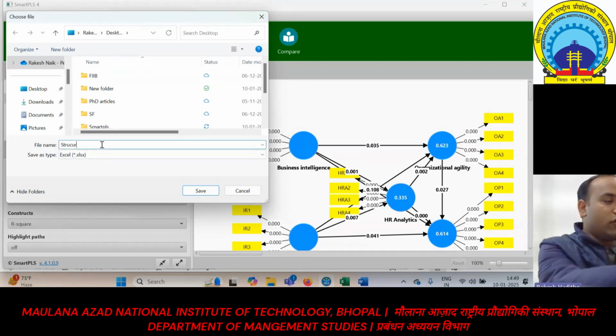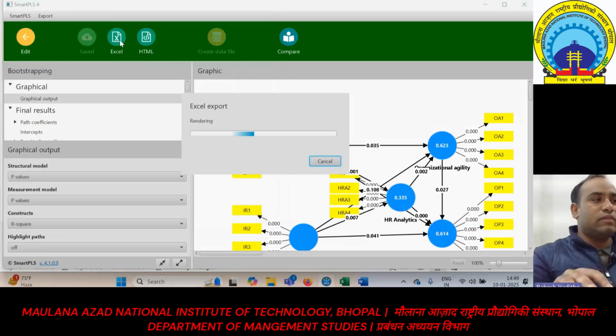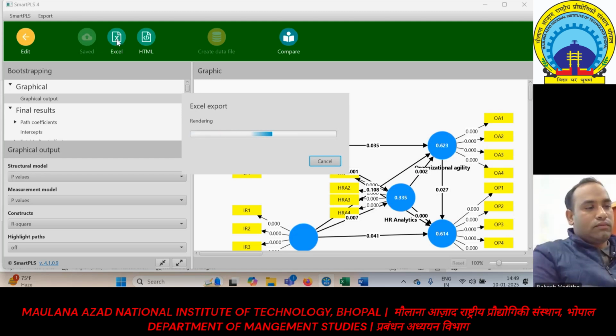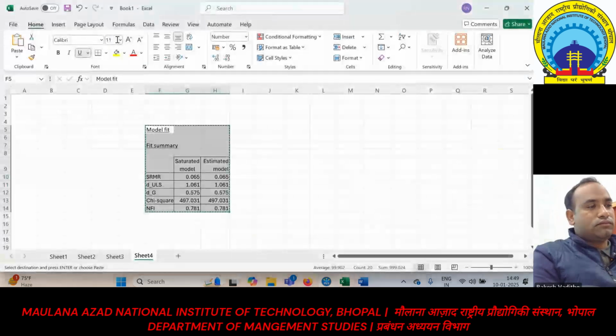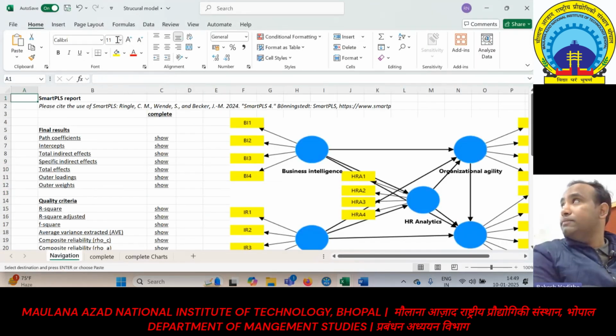Save it as structural model. Click on Excel, ma'am. Here the report will come.